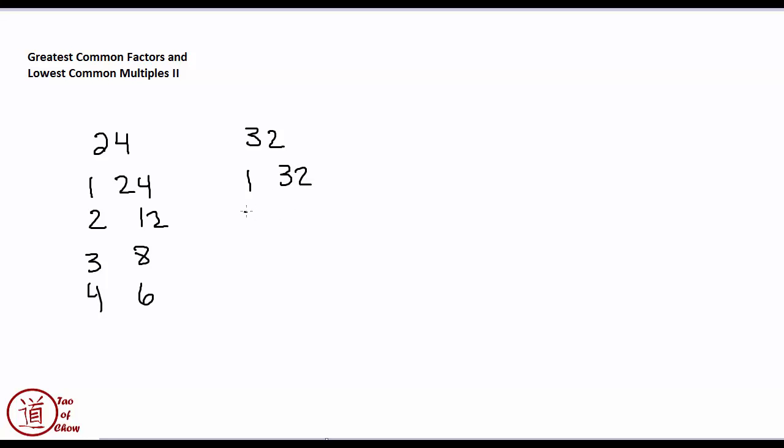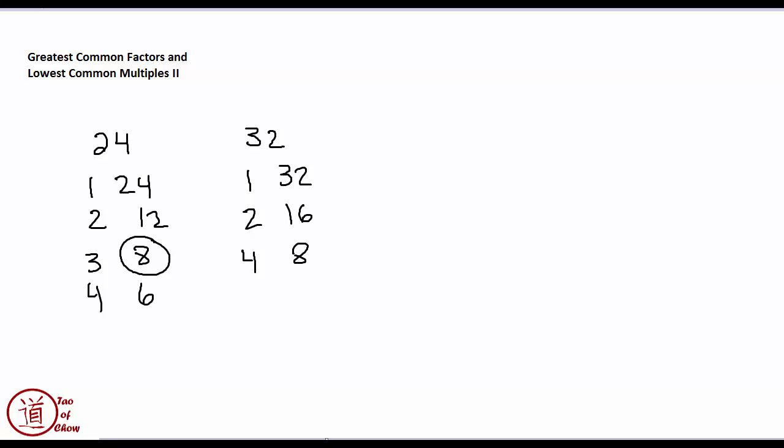So for instance, let's say we were looking for 24 and 32. 24 is 1 and 24, 2 and 12, 3 and 8, 4 and 6, and that's it. 32 is 1 and 32, 2 and 16, 4 and 8, and that's it. Then we just look and see which is the greatest one that's the same, and we find that the greatest common factor is 8.